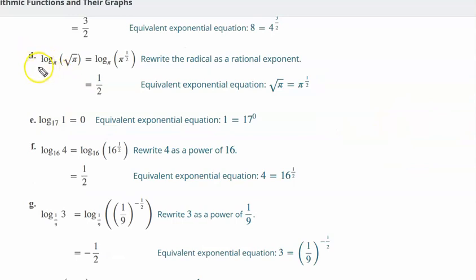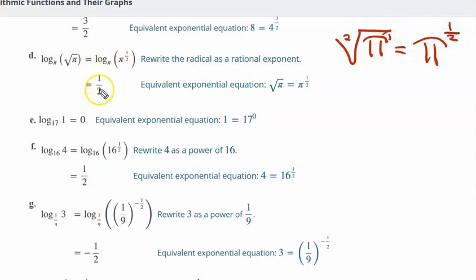Now in letter D, we have the log base pi, and then the answer, the square root of pi. So here we're going to convert the square root of pi to a fractional exponent. So there's our base then. Our index number is 2 that we don't write, but it's to the 1st power, so this becomes pi to the 1/2.